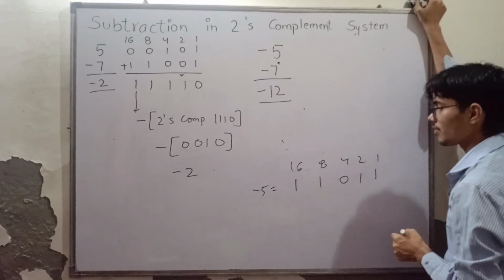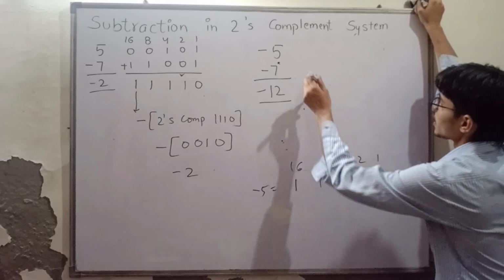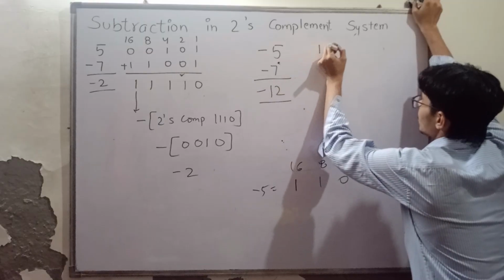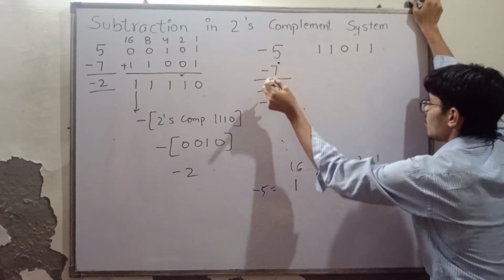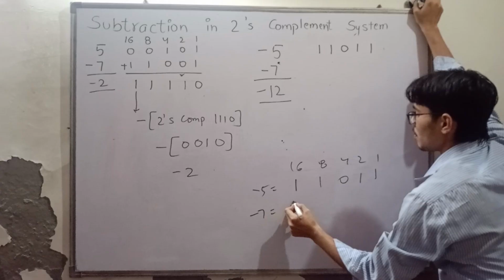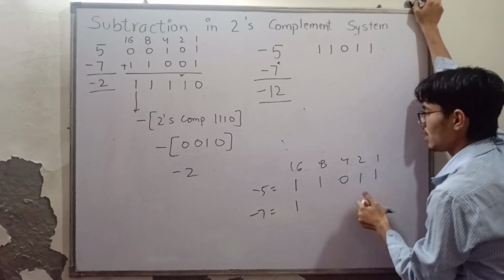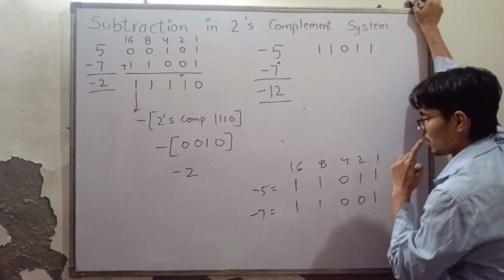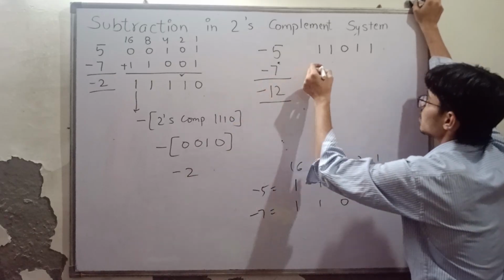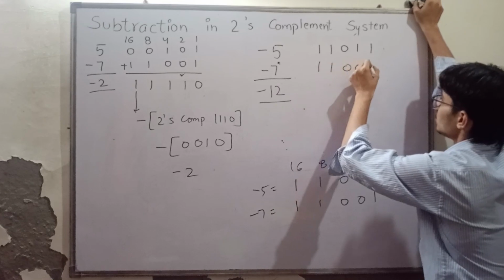That's how you represent minus 5. How do you represent minus 7? The sign bit is 1, for 7 it is 1 1 1, so 1 0 0 1, or you can also see from here 1 1 0 0 1.